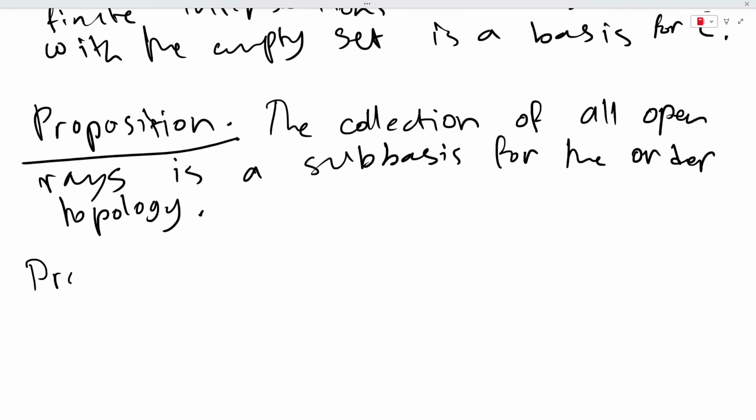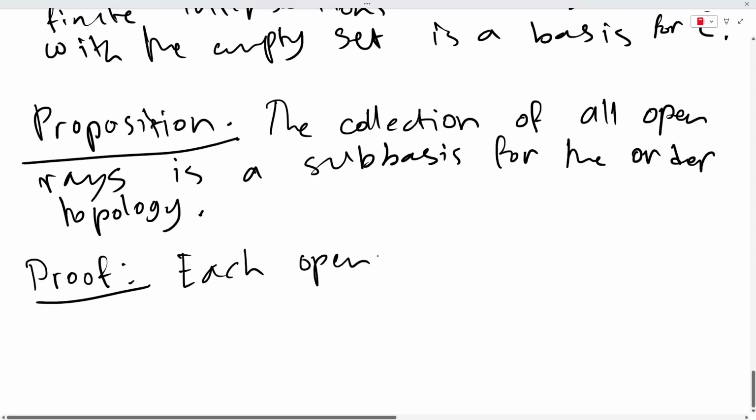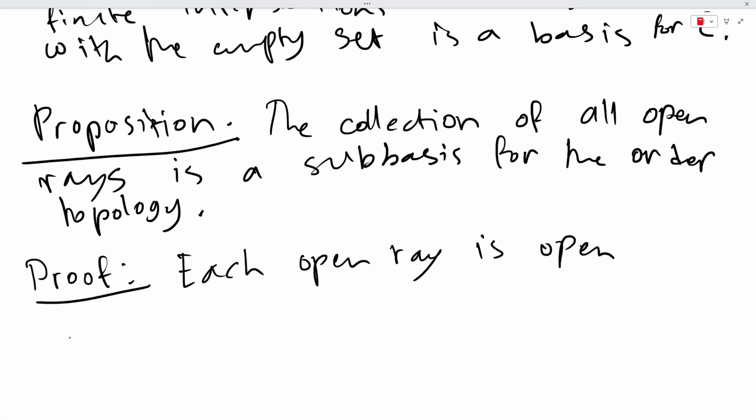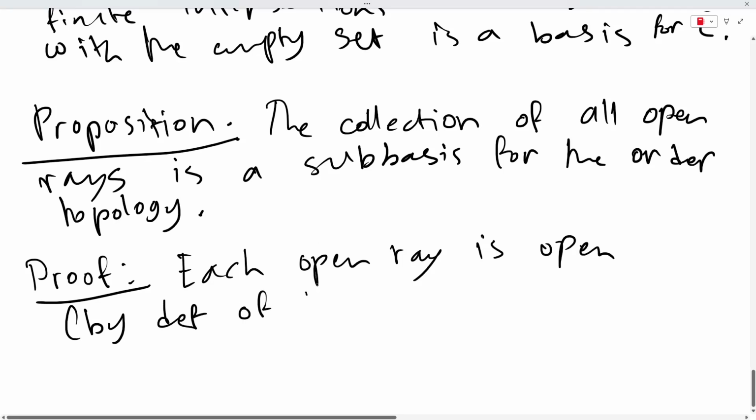Now here is our proof. Each open ray is open. This is by definition of the order topology.